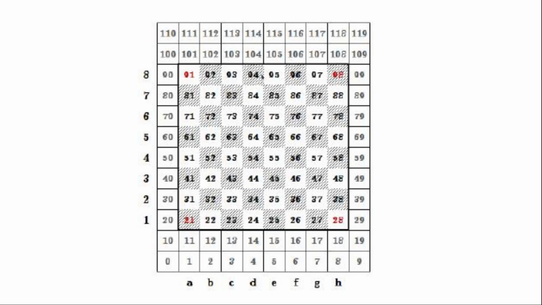The rationale behind using a 10 into 12 instead of a 12 into 12 is that whenever we move any piece, we are essentially adding some value to the current position. For example, if I want to move a rook, supposedly the rook is over here, I can incrementally add one value like this.